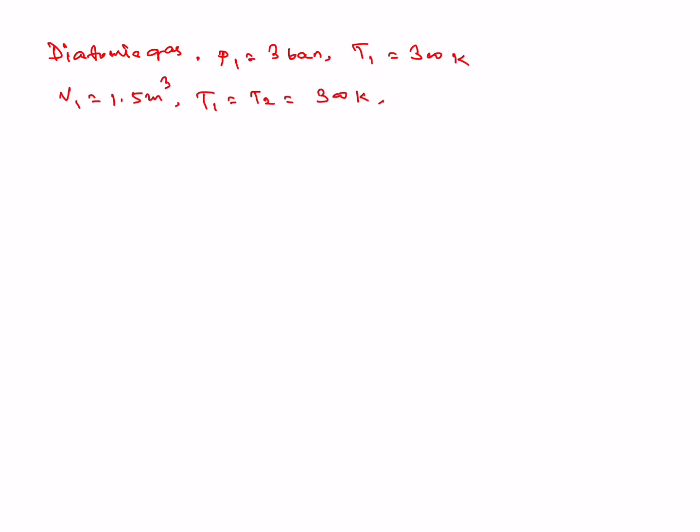Data are: diatomic gas, then your P1 is 3 bar, T1 300 Kelvin, V1 is 1.5 meter cube, isothermal expansion, so T1 equal to T2, 300 Kelvin, V2 after expansion is 3 meter cube, R value given.